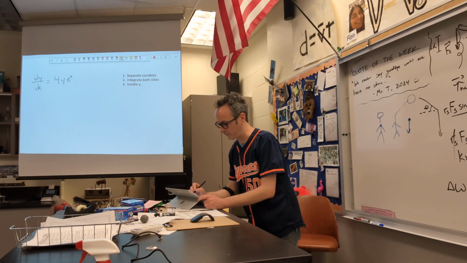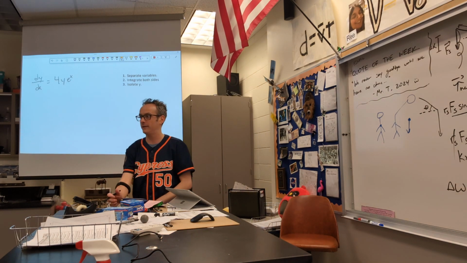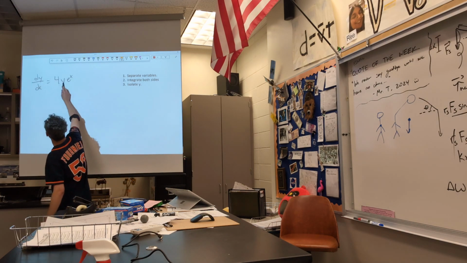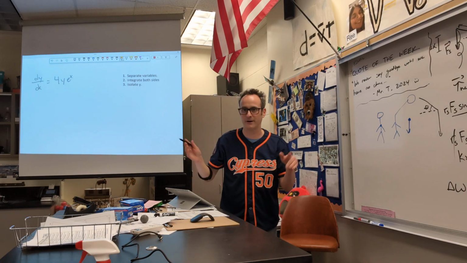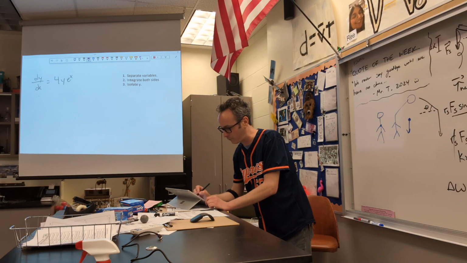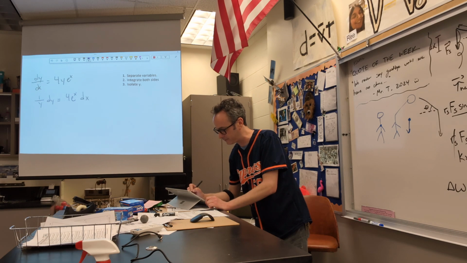So you can see here, you're trying to get all the y's on one side and all the x's on the other side. So I can multiply the dx over here and divide the y over to the other side. Again, math people, sorry. So I'm going to have 1 over y dy equals 4 e to the x dx.